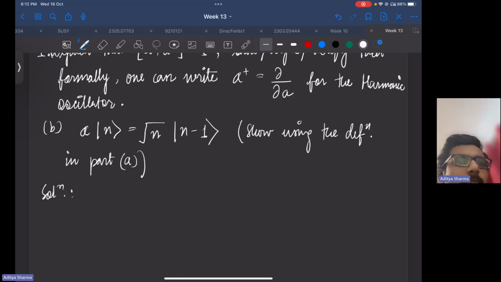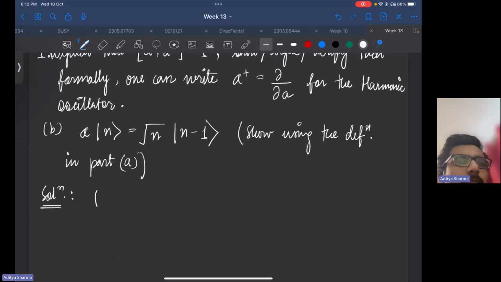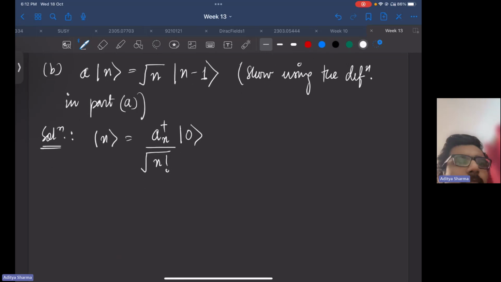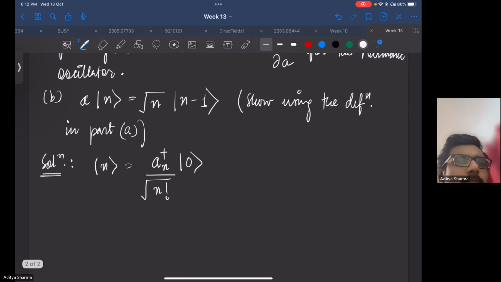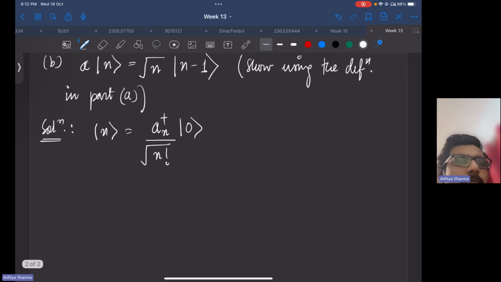The solution is, since we are asked to verify, I'm going to take any state |n>. This can be written as (A dagger)^n acted on the vacuum state, with a normalization of 1 by square root of n factorial. Now what I'm going to do is verify. We have this and we have this.